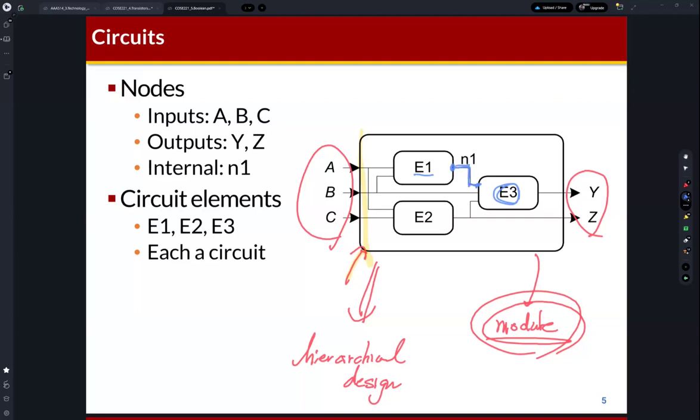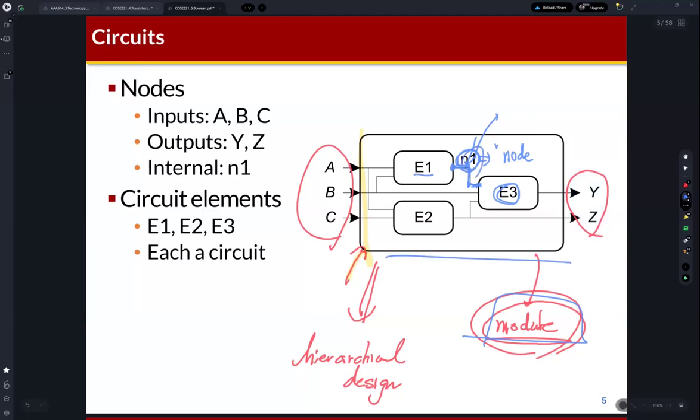In this figure, we call the connection from the output to the input a node. And this node is inside of the large module.